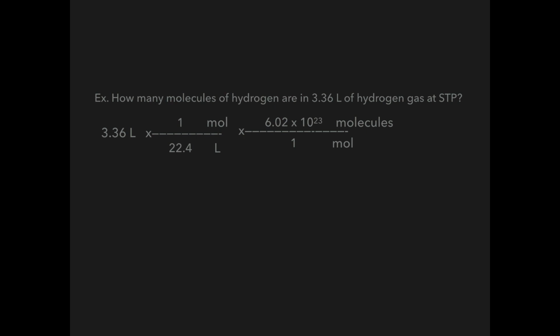And keep in mind that it is going to be molecules because hydrogen gas is actually H2, and so that has a covalent bond, so we're going to refer to that as a molecule. And so when I take 3.36, divide by 22.4, and then multiply by Avogadro's number, I get the total number of molecules to be 9.03 times 10 to the 22nd molecules.